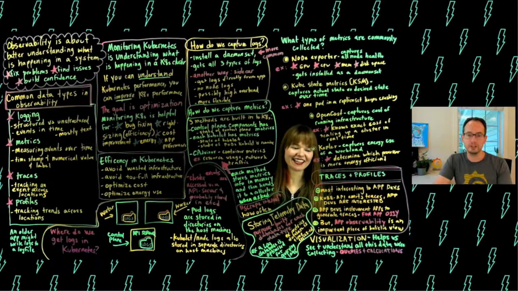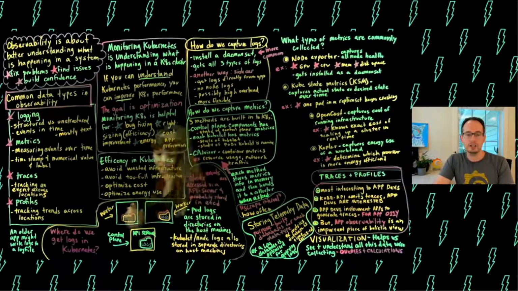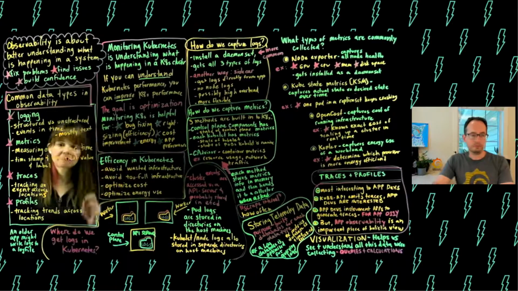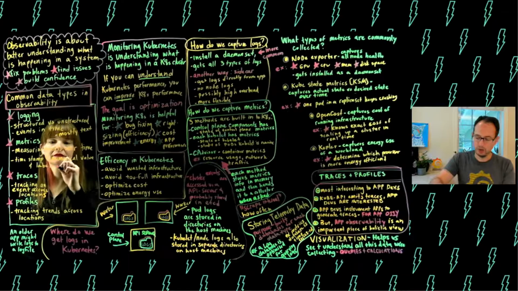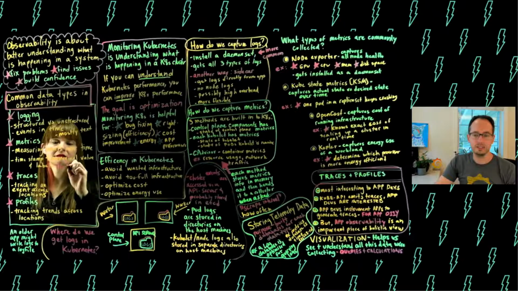It's easy to look at them as separate things, and we store them as separate things, but they really are four views on the same system. It's not really useful to just look at one of them alone.